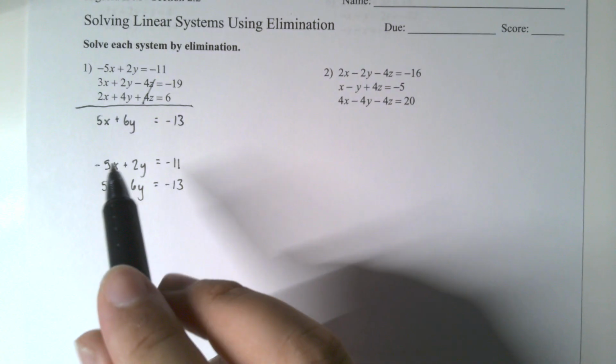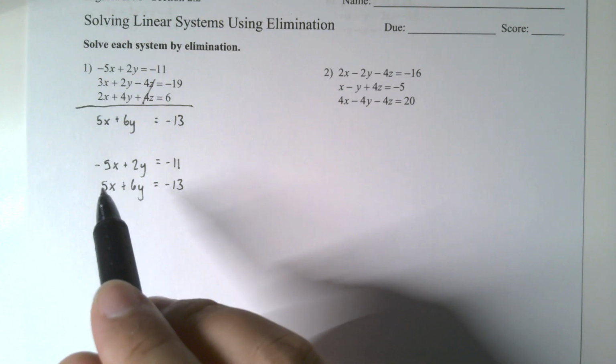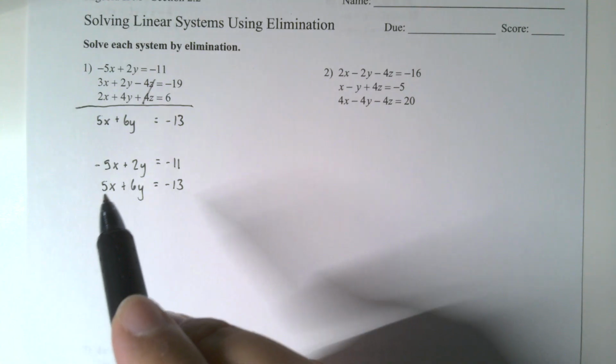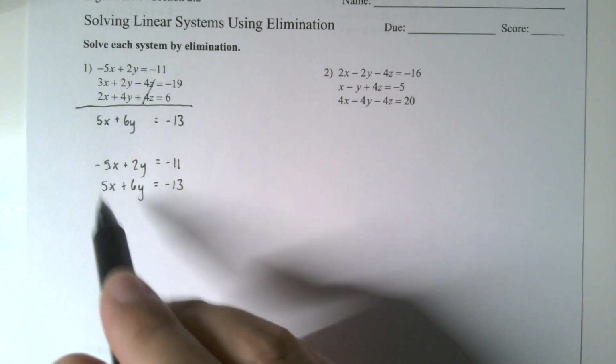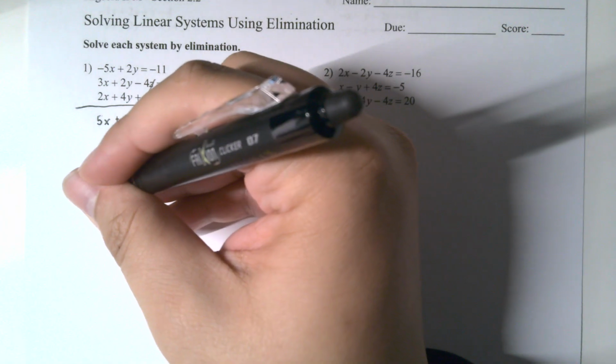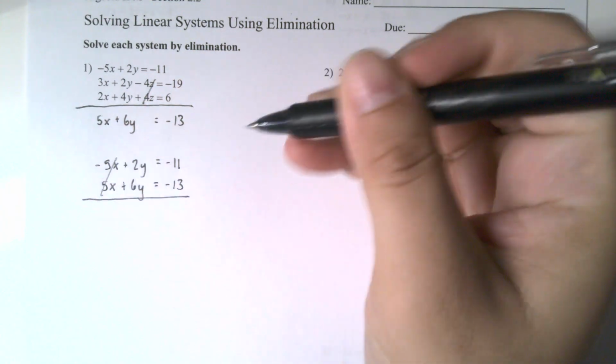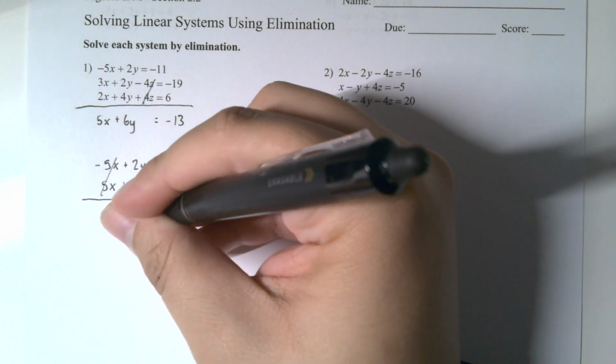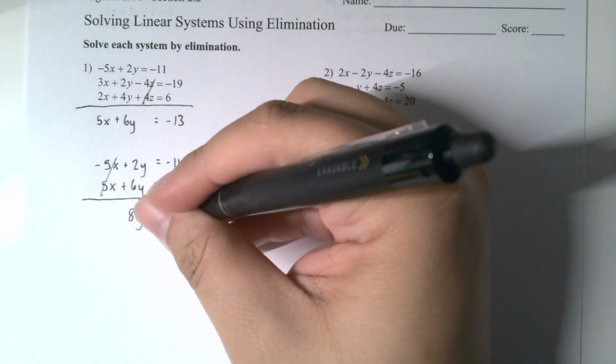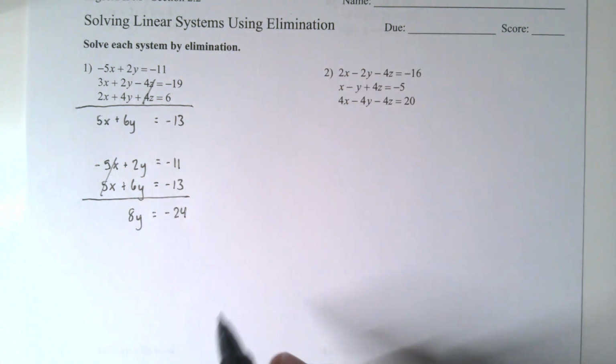The same strategy applies here: we want to get rid of one of our variables, and coincidentally, we can add these two new equations together to get rid of x. If we do that, the x's go away, and we're left with 8y is equal to negative 24.